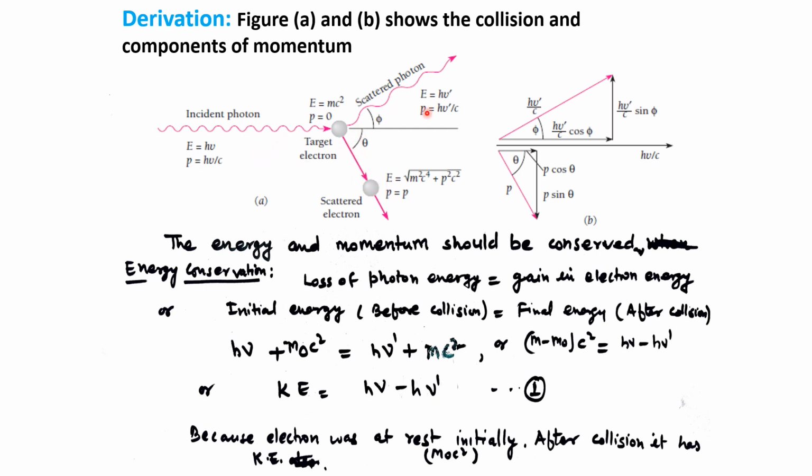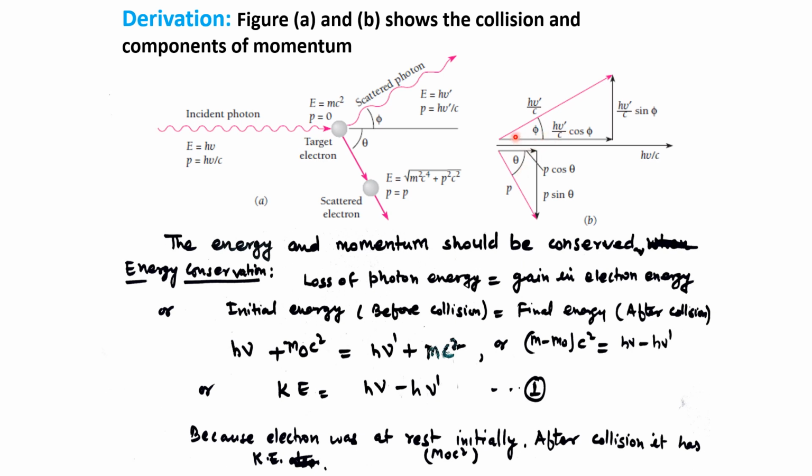So we will use the energy conservation and momentum conservation laws, and then we will find the final formula. For the energy conservation we have used this first image, and second, because energy is a scalar quantity and momentum is a vector quantity, we will have to take the components of the momentum vector because of the angles φ and θ.